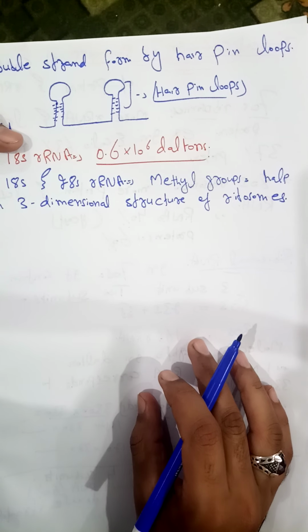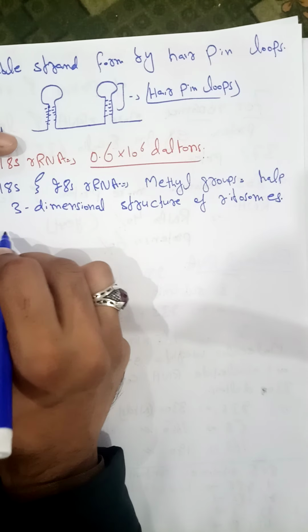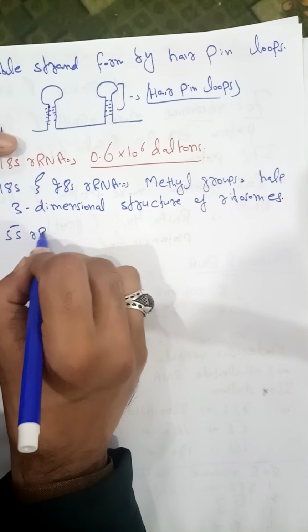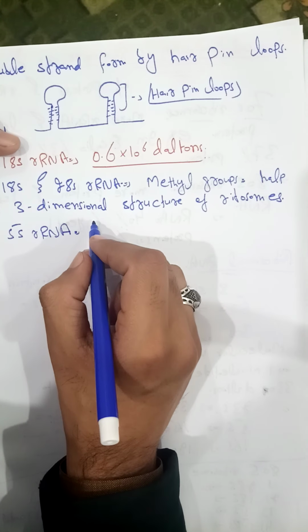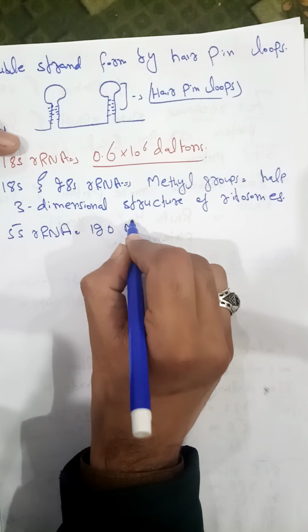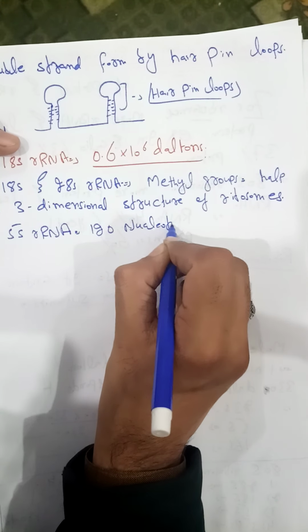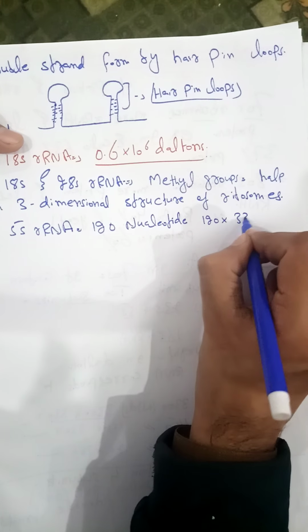Now the other is the 5S ribosomal RNA. It contains 120 nucleotides, so its molecular weight is 120 multiplied by 330.